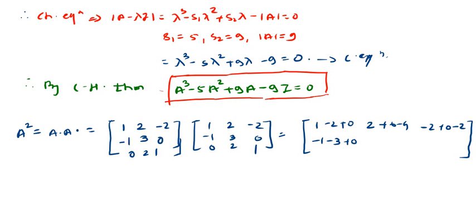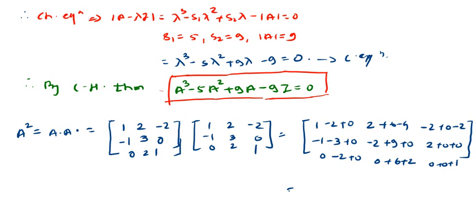Second row second column, minus 2 plus 9 plus 0. Second row third column, 2 plus 0 plus 0. Third row first column, 0 plus 2, 0 minus 2. Third row second column, 0 plus 6 plus 2. Third row third column, 0 plus 0 plus 1.